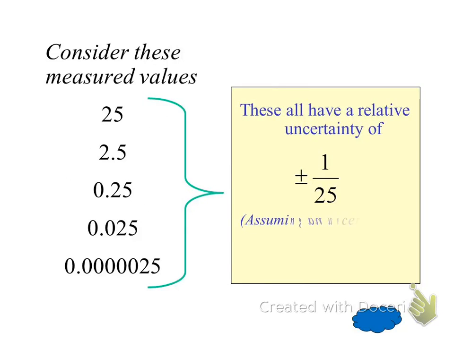So, for instance, according to the rules I told you, each one of these measured quantities has uncertainty in that last digit, and in each of these cases, these zeros down here are not significant.